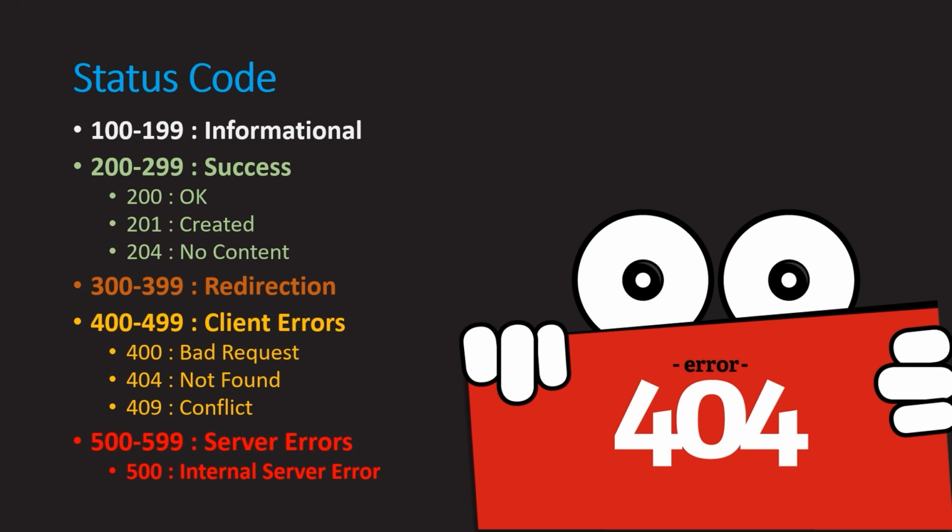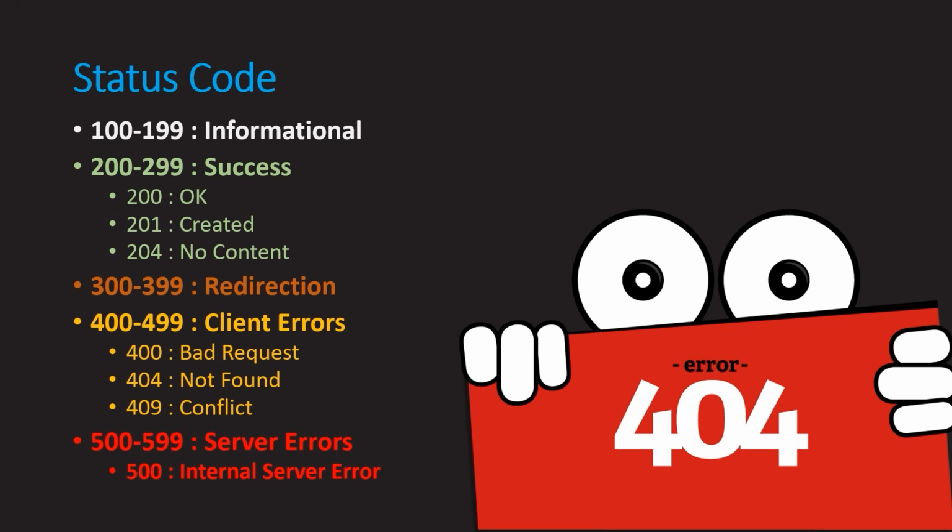And also during the get by ID search, if they give an ID of a record which does not exist, we return not found. That is also a client error because the client is trying to search for something which does not exist. So it's an error created by the client. And there is something called 409 conflict. This is advanced stuff, we can see it later on, you don't need to worry.